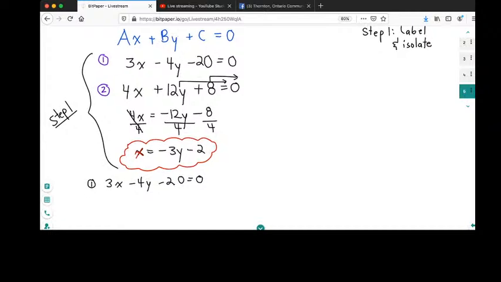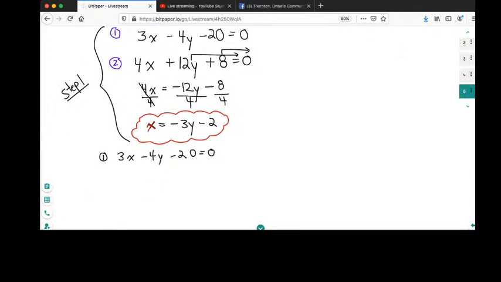Then instead of saying the letter x, I'm just going to do my math synonym, plug that in. So it's going to be 3 times negative 3y minus 2. As you can see, that's only my replacement for x. The rest of the equation stays the same.